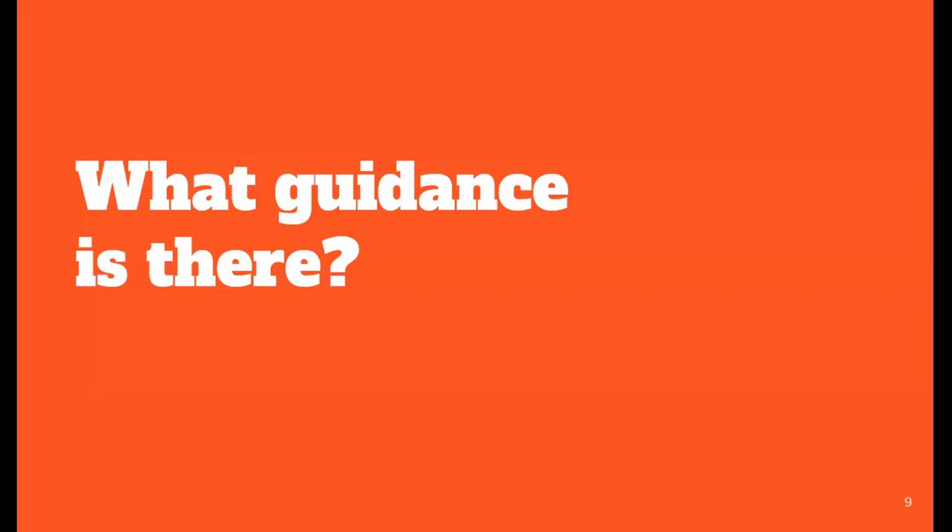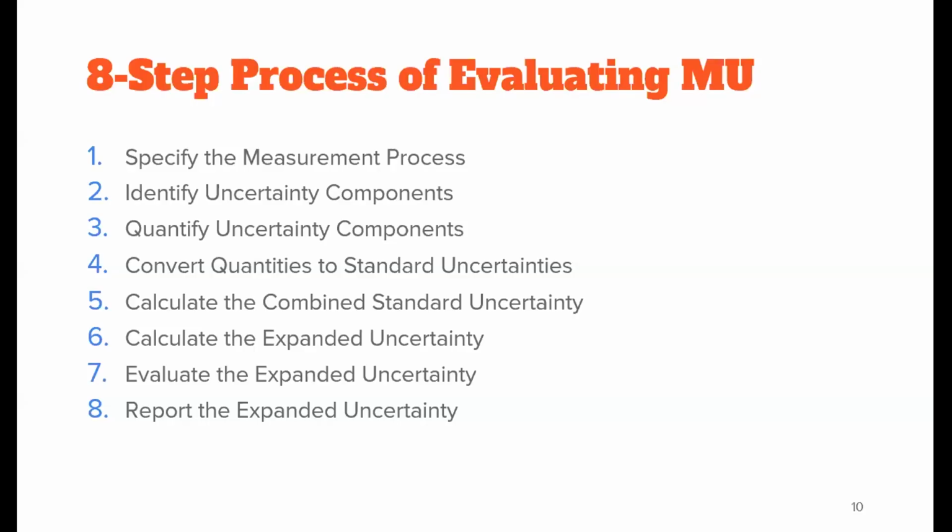Many of them seem quite foreign to us as analytical chemists, but it's a pure methodological perspective on this topic. And section 8 of that document summarizes what's now commonly known as the GUM 8-step process of evaluating measurement uncertainty, and this is where we'll start today.